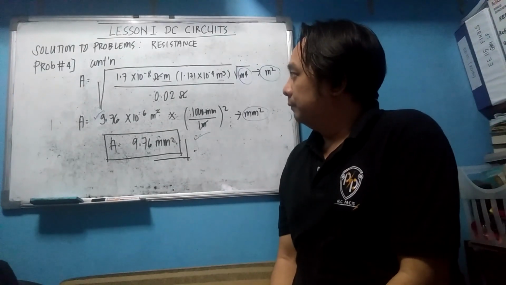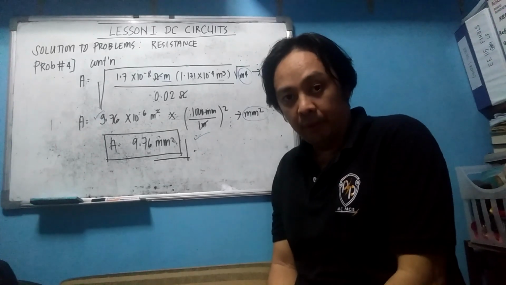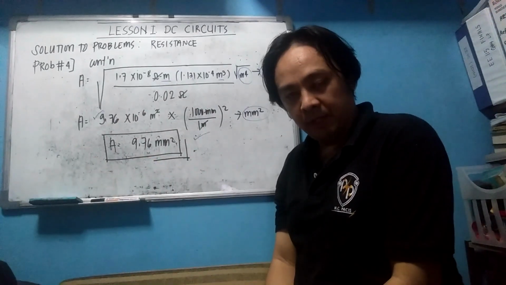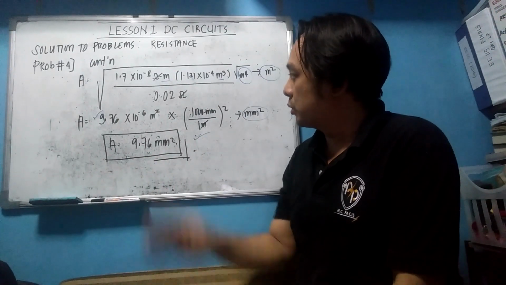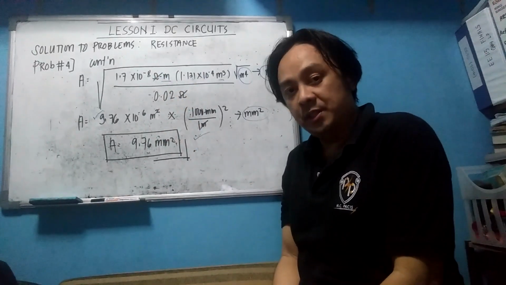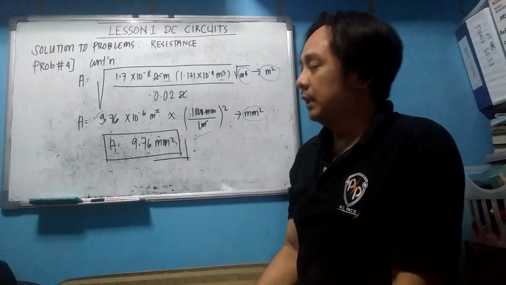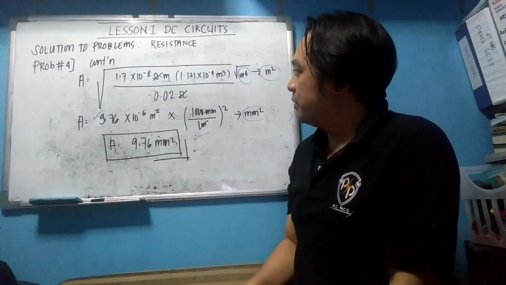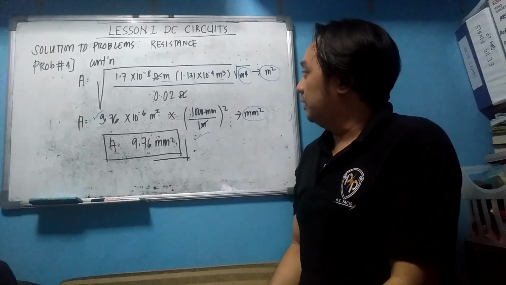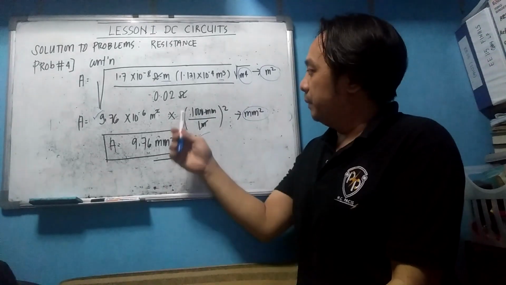Okay, we will continue our lesson, continuation of problem number 4. From our previous slide, we already have the area, which is simply equal to the square root of resistivity times volume over the corresponding resistance. What we have done here is substitute the resistivity, 1.7 times 10 to the negative 8 ohm meter, and the volume, 1.121 times 10 to the negative 4 cubic meter, divided by 0.02.